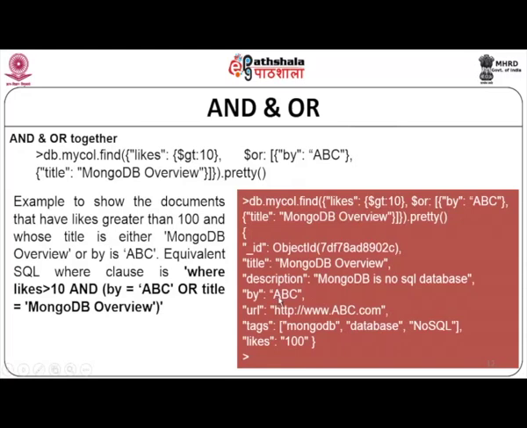Even if you do not have ABC, but the title is MongoDB overview or the other way around, this document will be selected based on the OR command. So, the example here shows the documents that have likes greater than 10 and whose title is either MongoDB overview or it is created by ABC. This is equivalent to the given SQL query where you have the where clause as where likes is greater than 10 and by is ABC or title is equal to MongoDB overview.